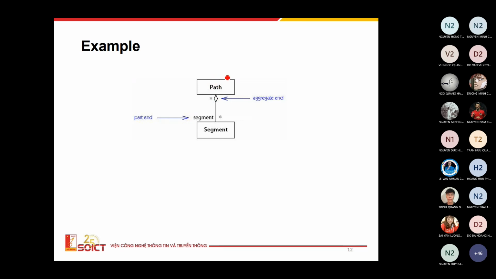Here you have one object with part and one is segment. Okay, you have one part, and the part is the combination of some segments. Okay, you have here the part, and this part is made from multiple segments.